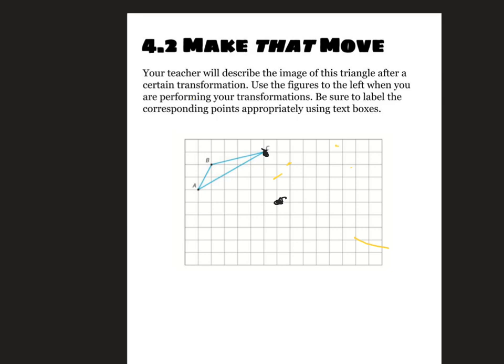Now make sure that you use the figure that I already gave you. I just made that incorrectly. This one actually goes here. Sorry about that. There we go. After that 90-degree rotation, we're going to go down to right 2.